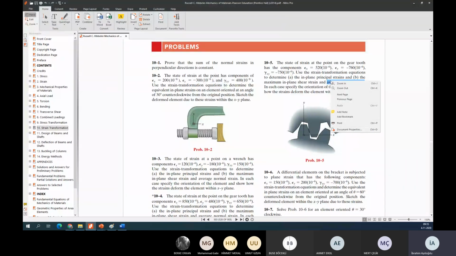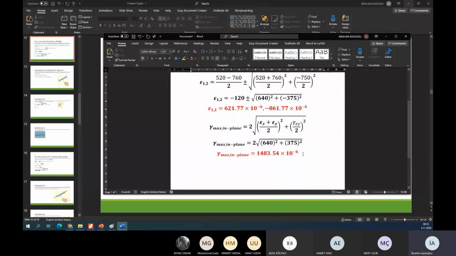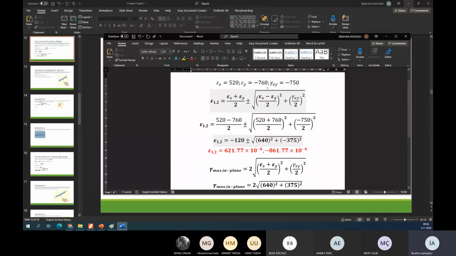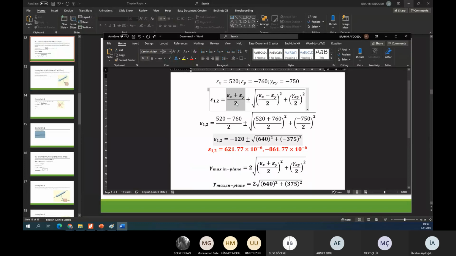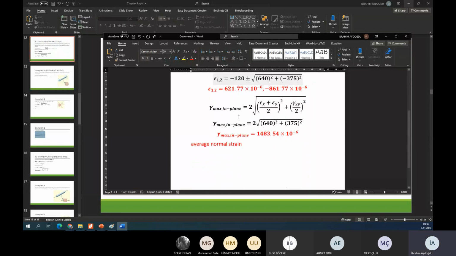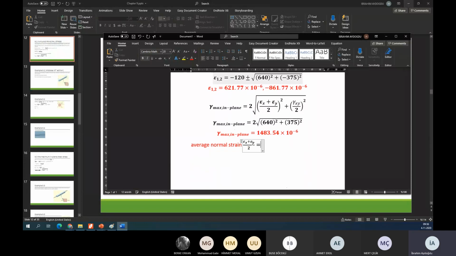Can I copy for this? I think I should make a copy. Average normal strain means that this is also equal to this.